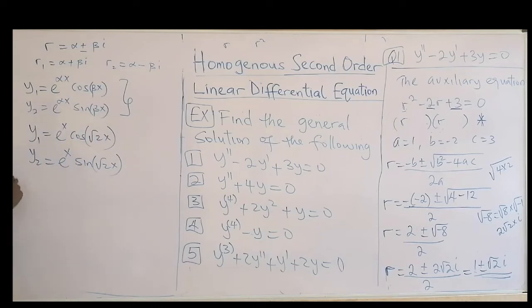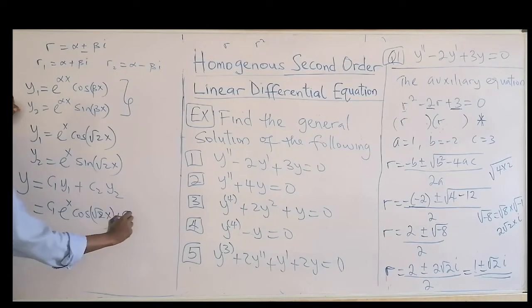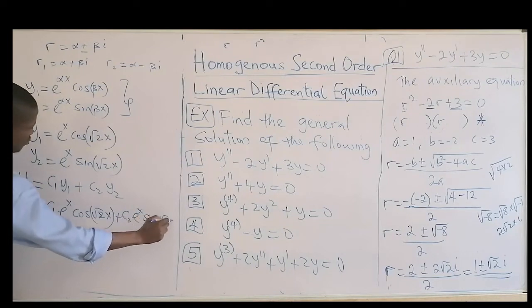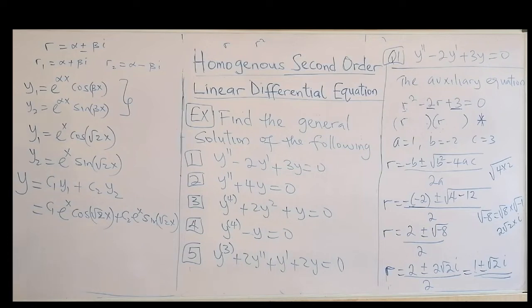So the general solution will be y equal to C1 y1 plus C2 y2, which is equal to C1 e to the x cos root 2 x plus C2 e to the x sine root 2 x. That's the general solution for the differential equation, and that's that question.